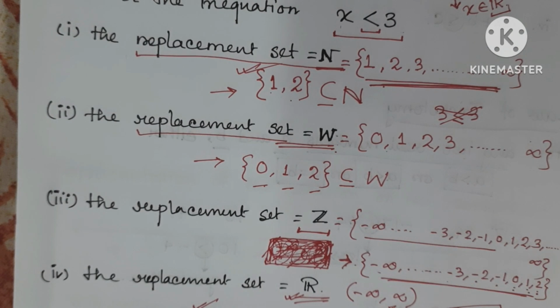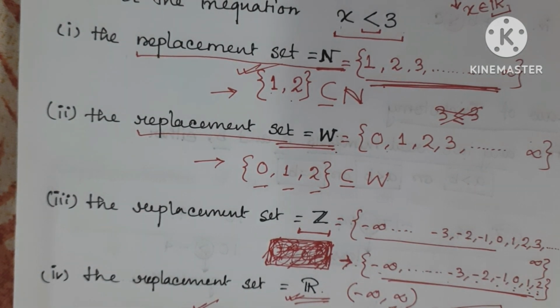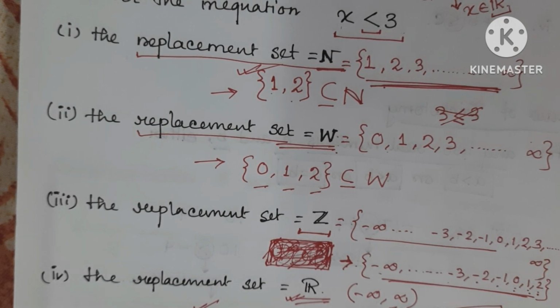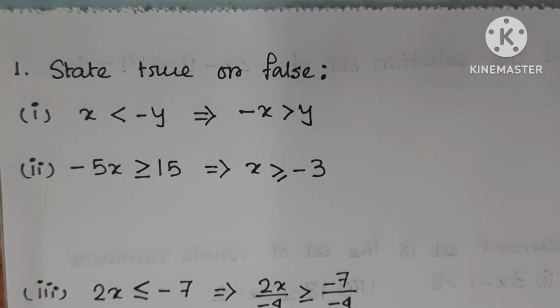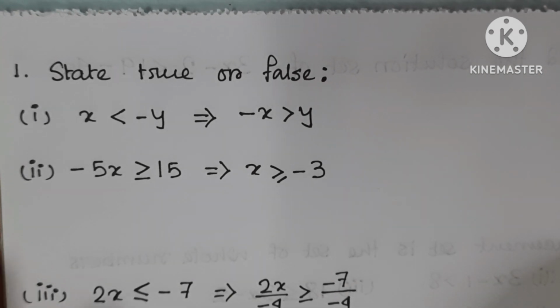So if you change the replacement set, you will get a different solution set, and you have to think about what the solution set will be. Now let's solve some questions.